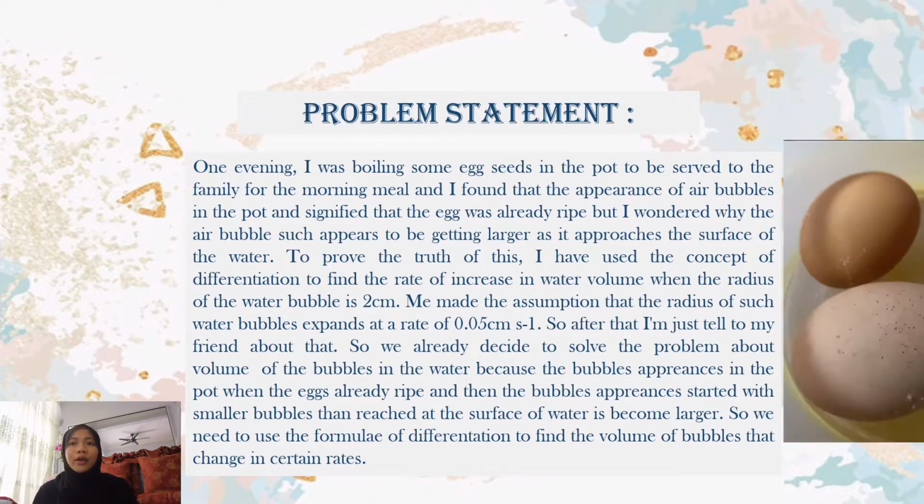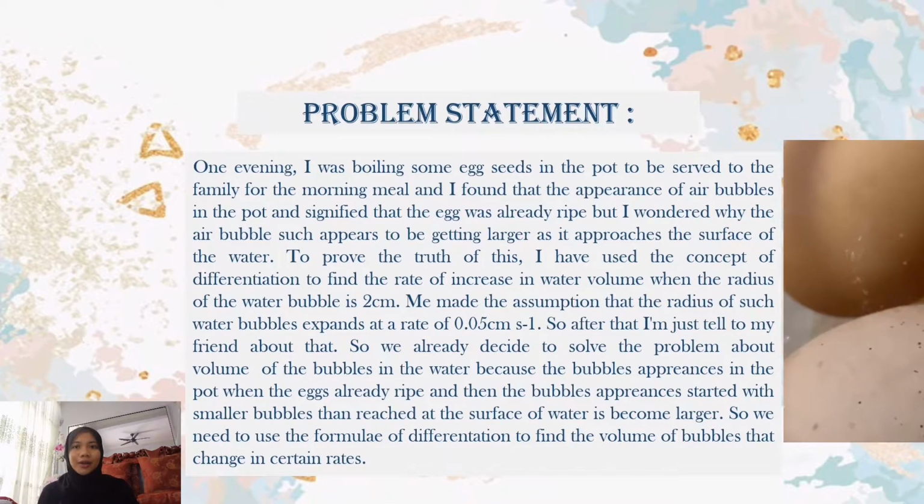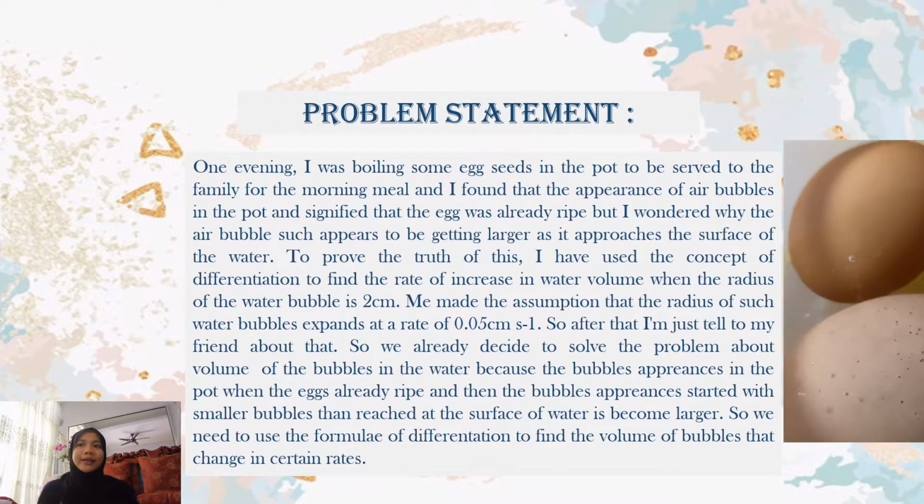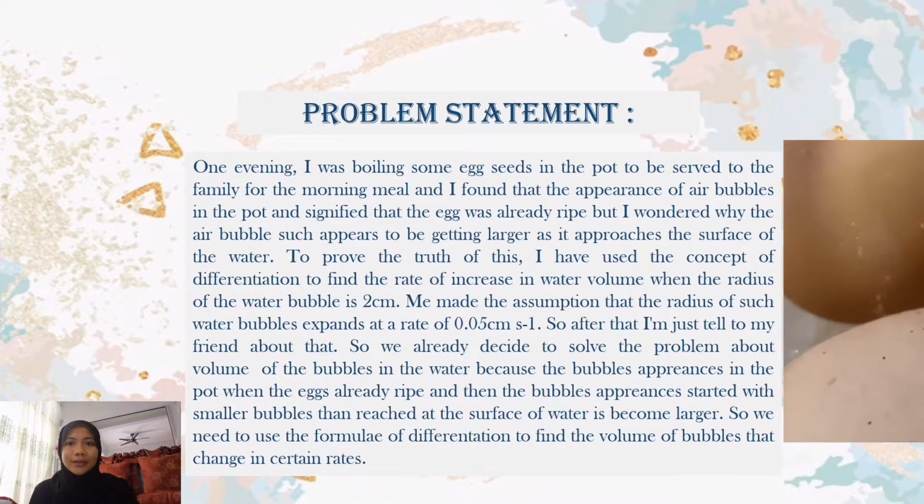To prove this, I used the concept of differentiation to find the rate of increase in the bubble volume when the radius of the bubble is 2 cm. We assume that the radius of such bubbles expands at the rate of 0.05 cm per second.